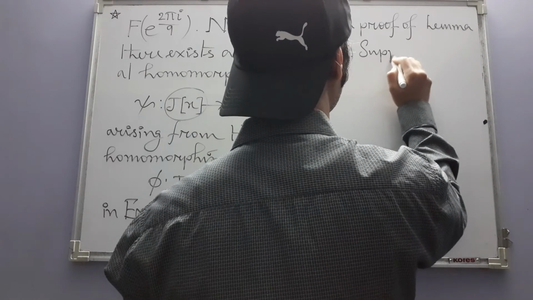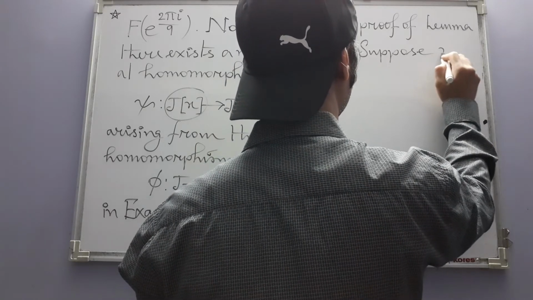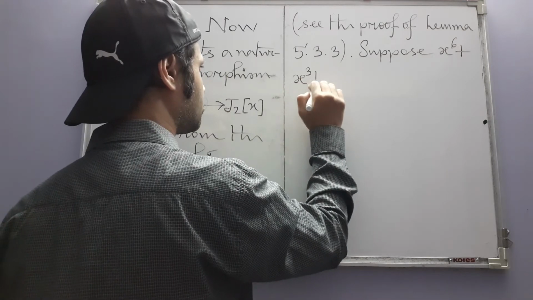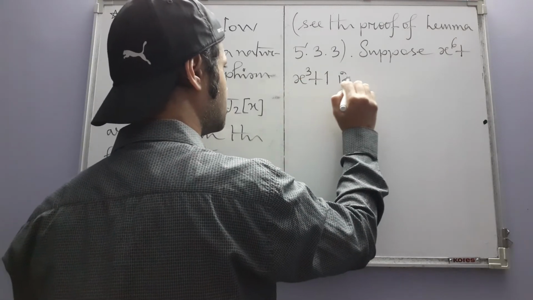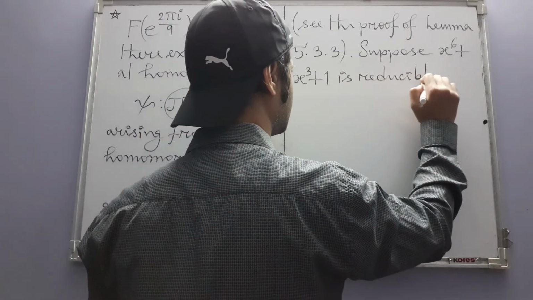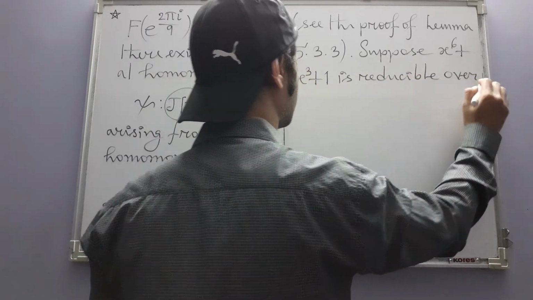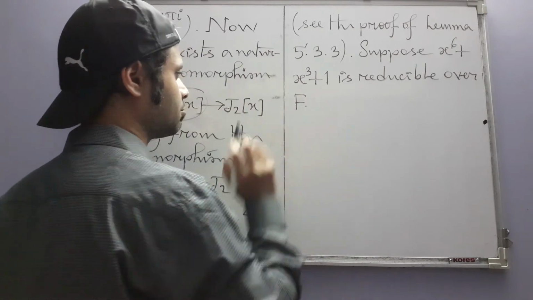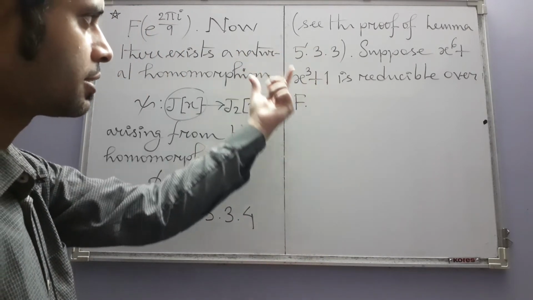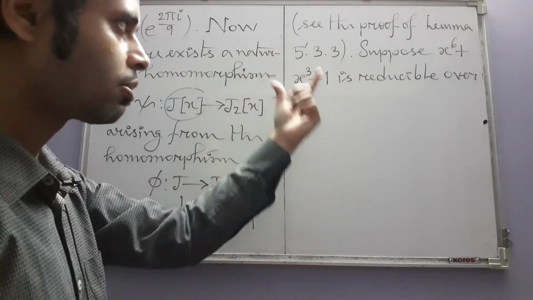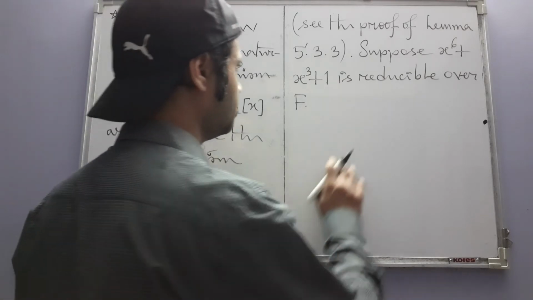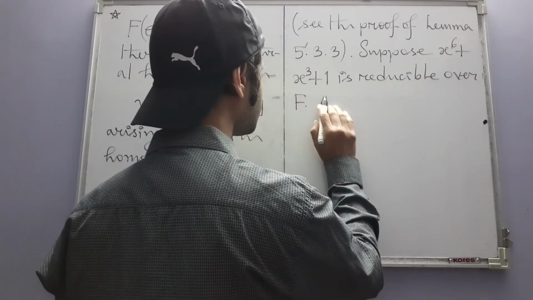Suppose this is reducible over F. That means it can be expressed as a product of two non-constant rational polynomials. That's what it means to be reducible over F.